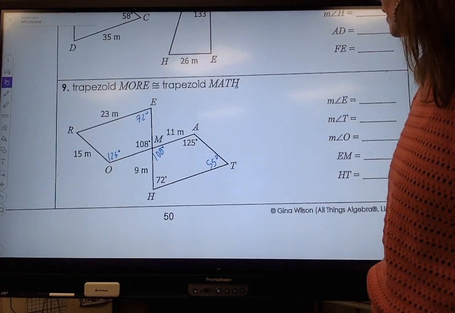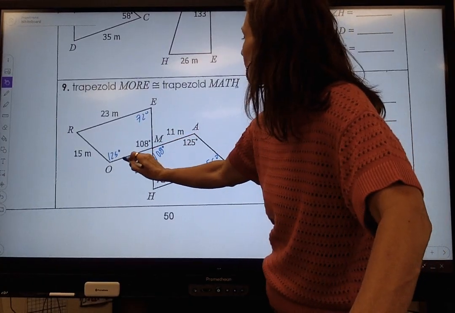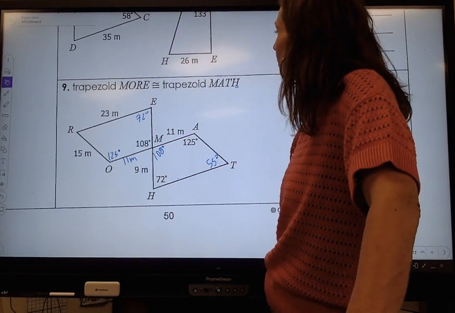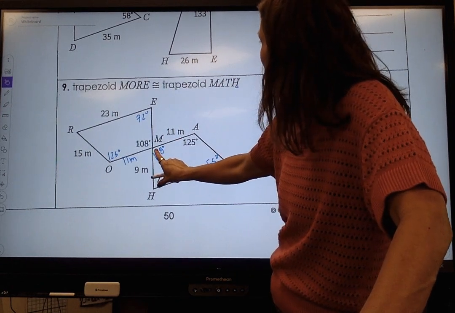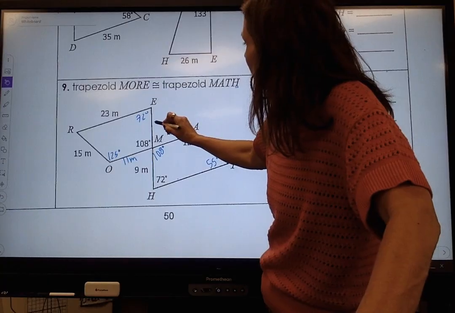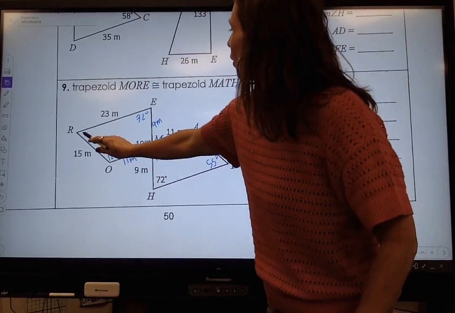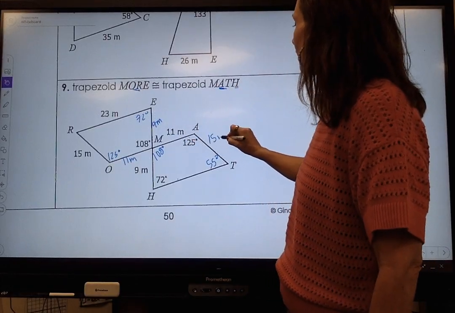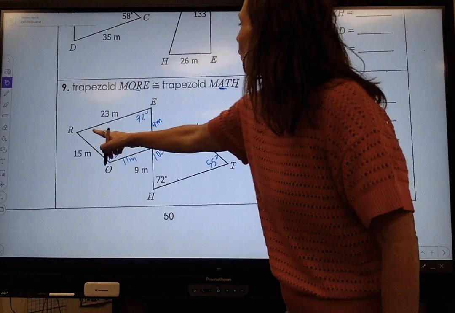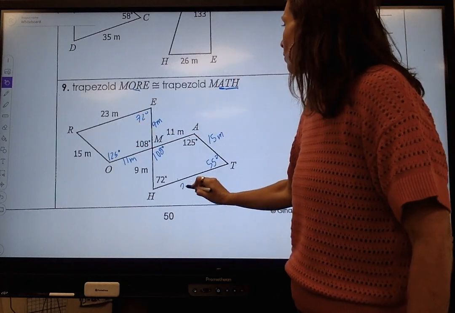Now let's look at the sides. MA is congruent to MO, so that's going to be 11 meters. I know that MH is 9, so ME is 9 meters. I know that RO is 15, so AT is 15. And I know that RE is 23, so I know that TH is 23 meters.